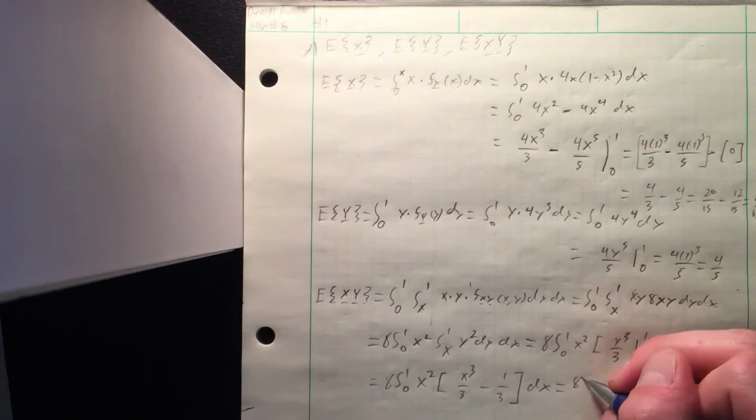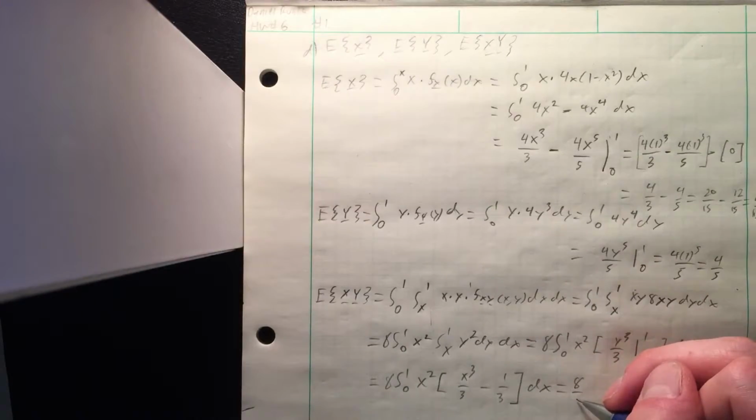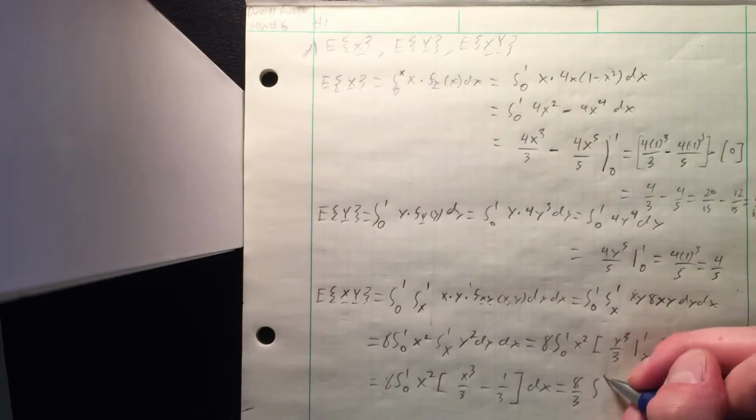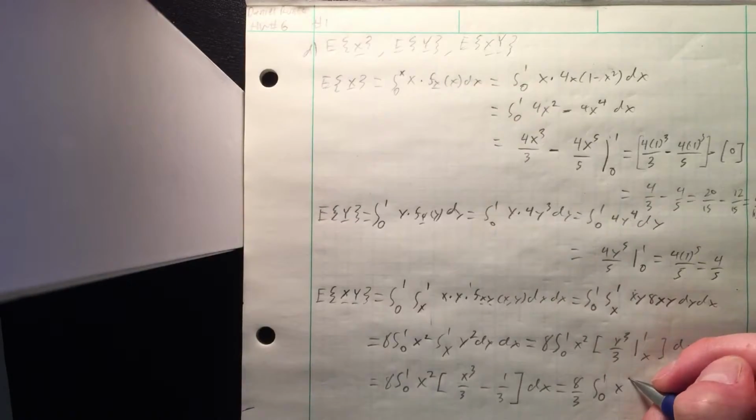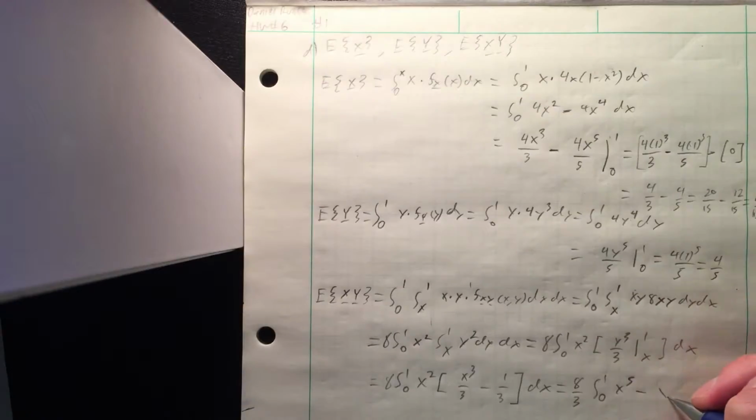So we're going to take an 8, take the third out, 1 to 0, x squared times (x to the 5th minus x squared) dx.